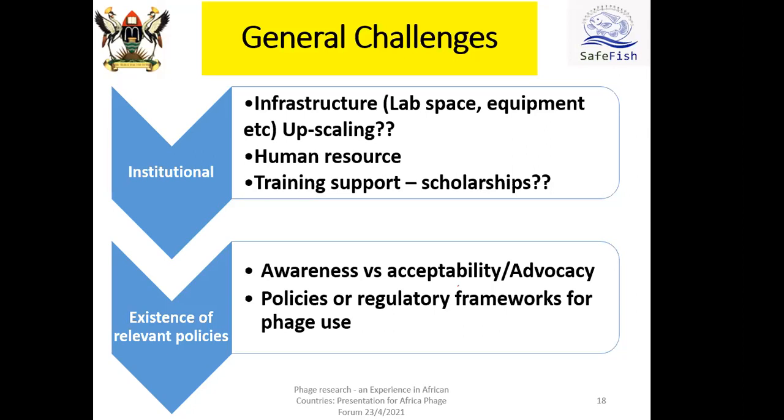Then the other one is the human resource. Some of these projects, especially the small ones, you may not have room to hire persons. Yet you need someone who has some knowledge of phage work and who is continuously there to supervise the students that you've enrolled.